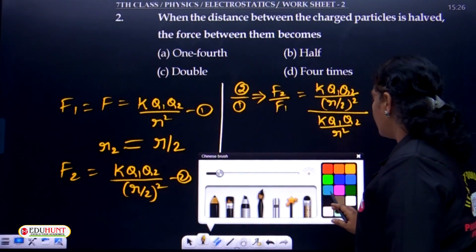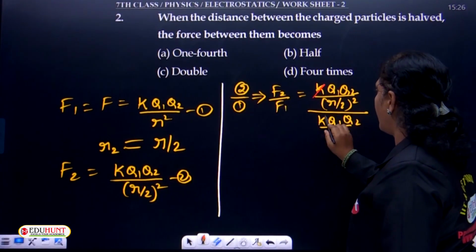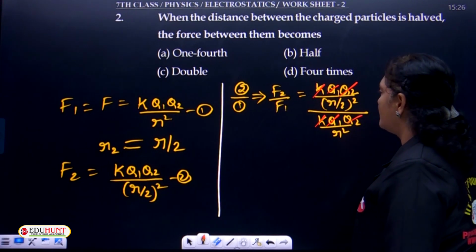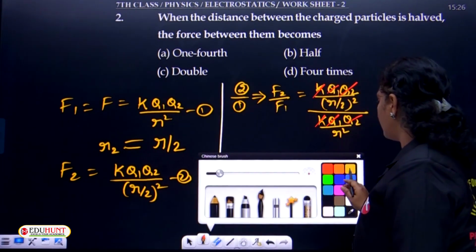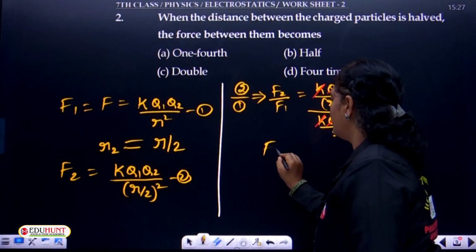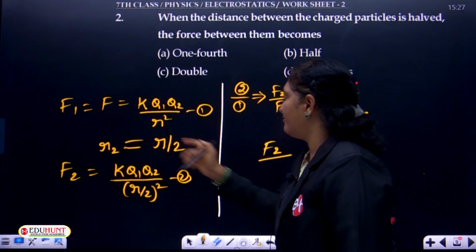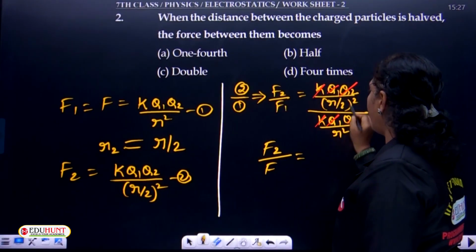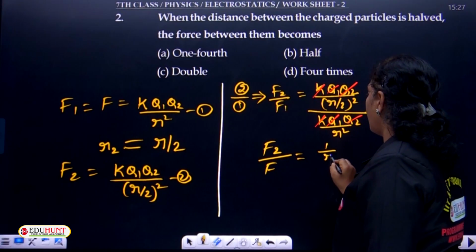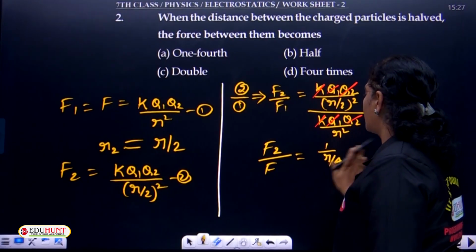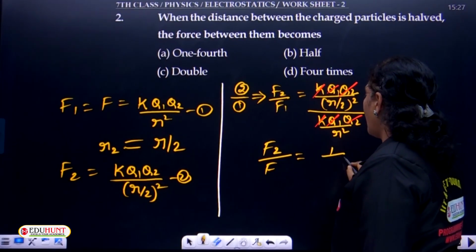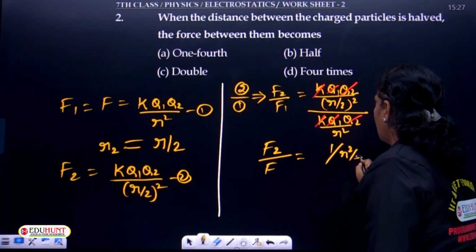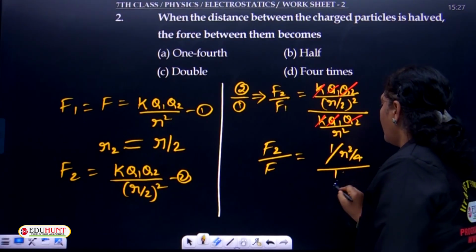Simplifying further, K gets cancelled, Q1 gets cancelled, Q2 also gets cancelled. Hence you are left with F2 upon F, which is equal to 1 by (R by 2) whole square, that is 1 by R square by 4, whole upon 1 by R square.